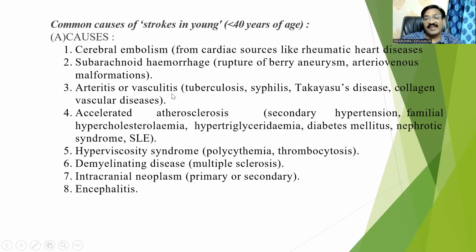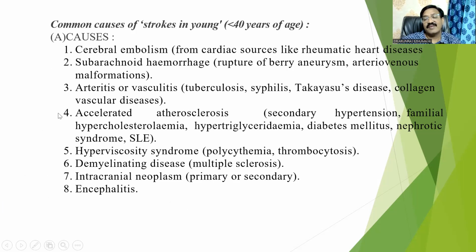Arteritis or vasculitis disorders like tuberculosis, syphilis, and connective tissue diseases may produce vasculitis and hemiplegia. Hyperviscosity syndromes like polycythemia and thrombocytosis, and demyelinating disease like multiple sclerosis may produce young strokes. Intracranial neoplasm, meningitis, encephalitis, and tuberculous meningitis may also produce stroke in the young. Never forget this.